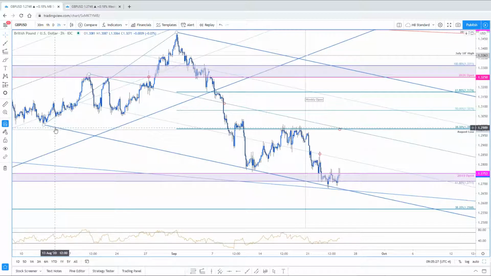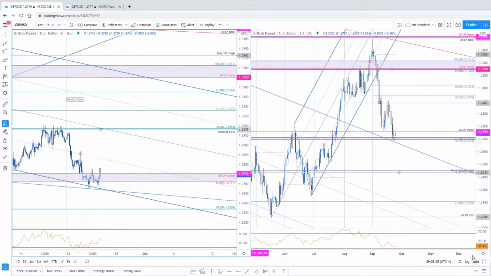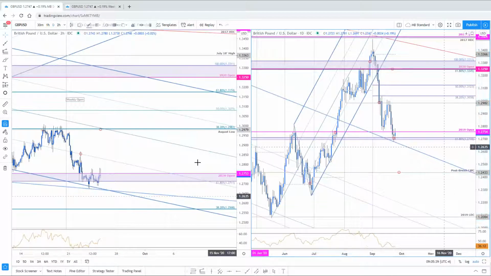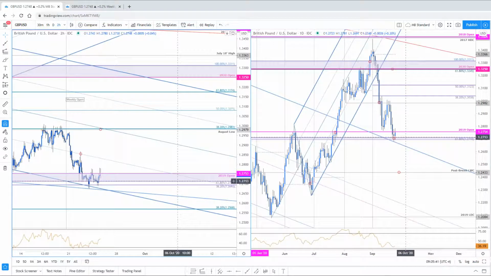Even near-term slope for the pitchfork we're following. Support, support, support. So I do have to sort of adjust this. Sorry about the mismatch here. Here's what you're looking at.